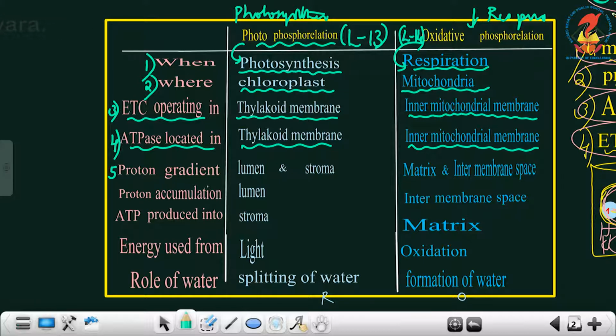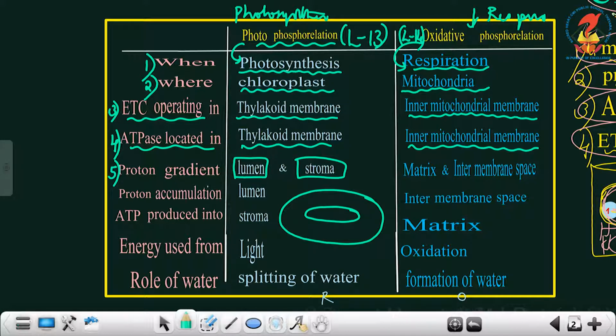Then we know where the gradient is created. In the case of the chloroplast, the gradient is created between the lumen and the stroma. If I draw, this is the stroma and this is the lumen, we saw more of the protons in the lumen and less in the stroma.